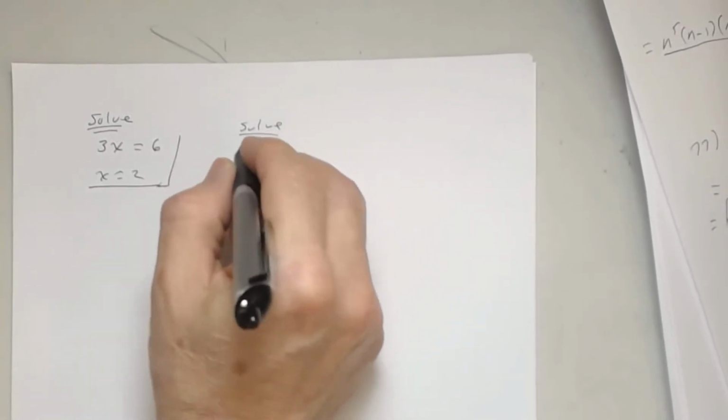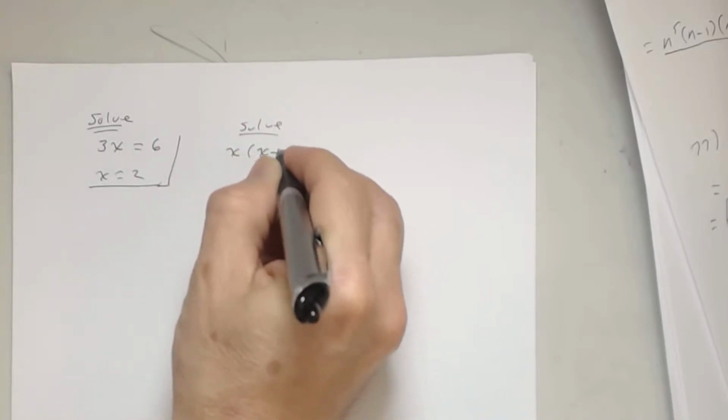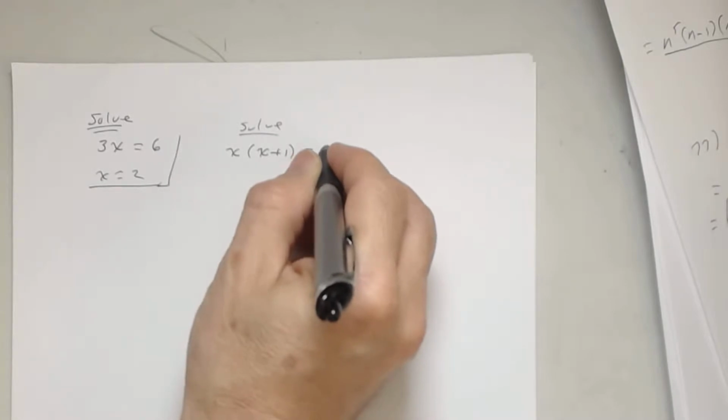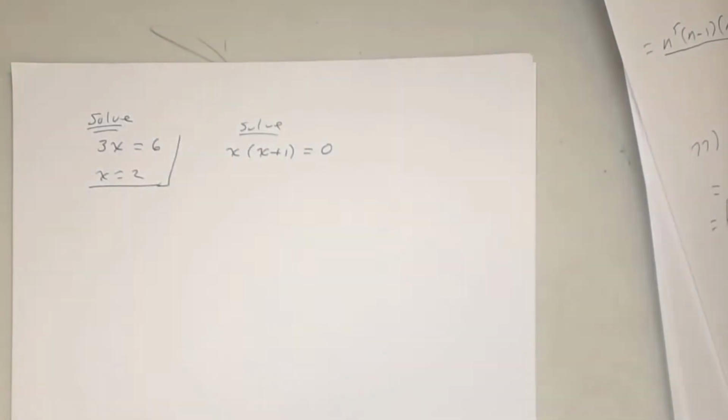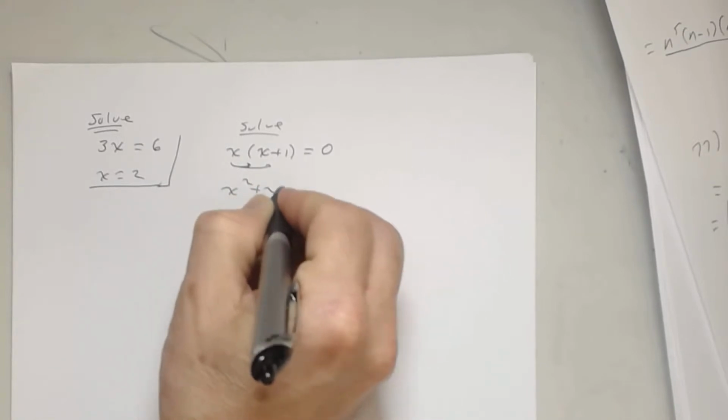All right, what if you had this? We had x times x plus 1 equals 0. Well, if you distribute, here's the problem when you distribute. If you distribute, you're going to get x squared plus x equals 0.